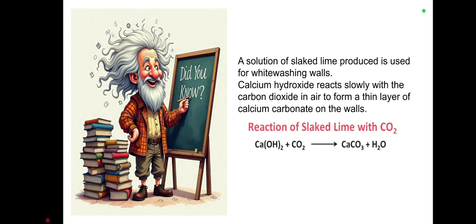Mainly for whitewashing, we will be using a white colored solution, and this white colored solution is nothing but the solution of slaked lime. We have seen slaked lime means calcium hydroxide. So a solution of calcium hydroxide will be used for whitewashing the wall.